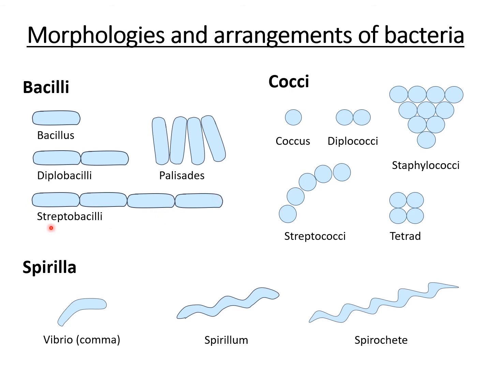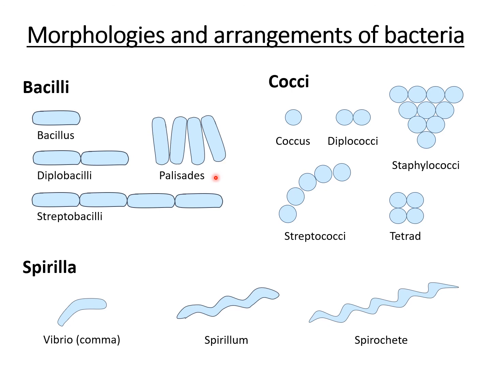If you ever see the prefix strepto, it means those bacilli are arranged in a chain-like format. So I'm going to call them streptobacilli. If they are arranged as twos, we call them diplo. Singular, just bacillus. Picket fence look, palisades.